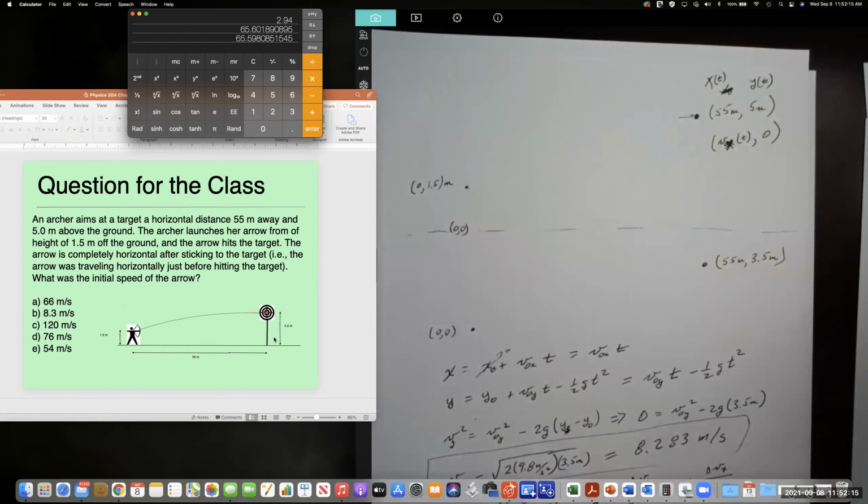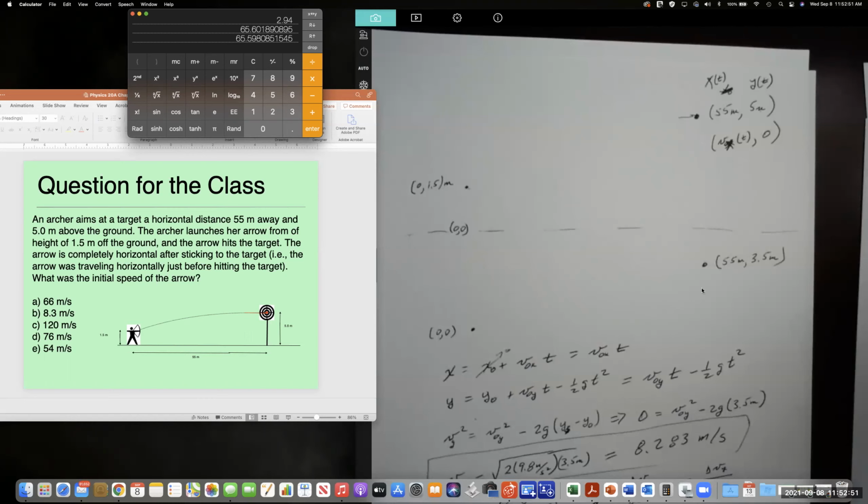If I asked you how far it would go when it hits the ground, then it needs to hit the ground at 0 meters in y. So it'll go 110 meters, twice this distance, before it's back at 1.5 meters, and then it's going to go some distance further before it hits the ground. It still can be relevant in certain aspects of the problem, but this aspect, it wasn't relevant.